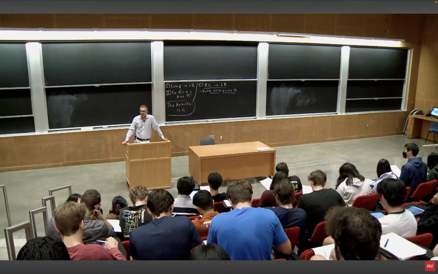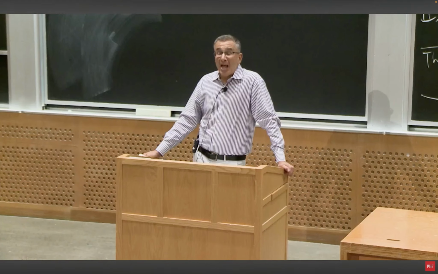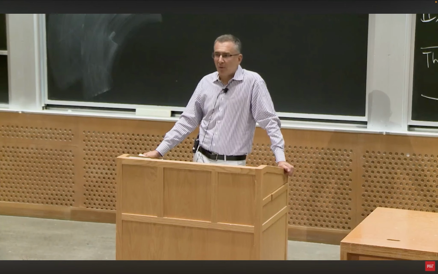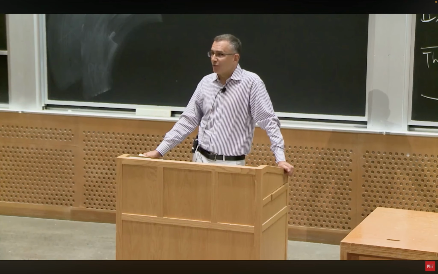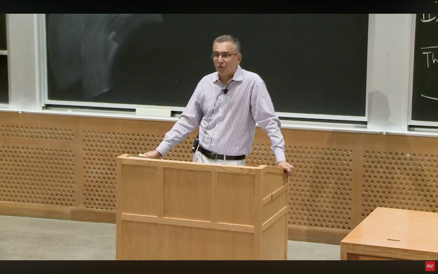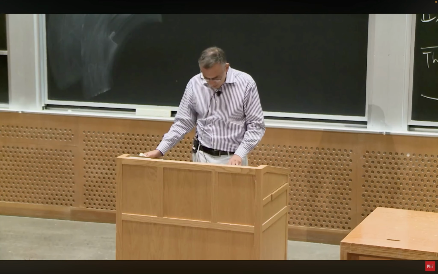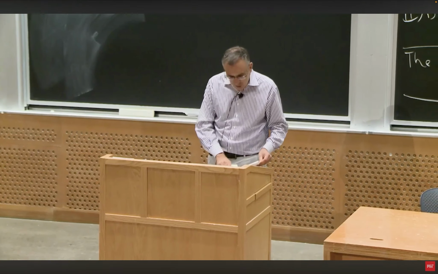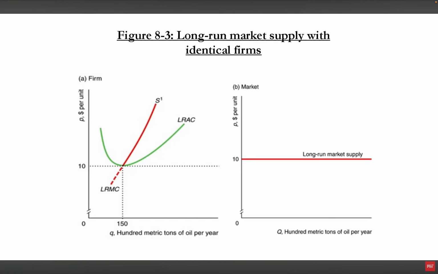This is the lesson that we derive, which is entry will happen till profits are zero, and exit will happen till profits are zero. So what does that mean? Profits are zero in the long run. Okay? So what that means is that in the long run, go to figure 8.3, the long run supply curve is flat. Each firm will be pushed to produce to the point where price equals minimum average cost.